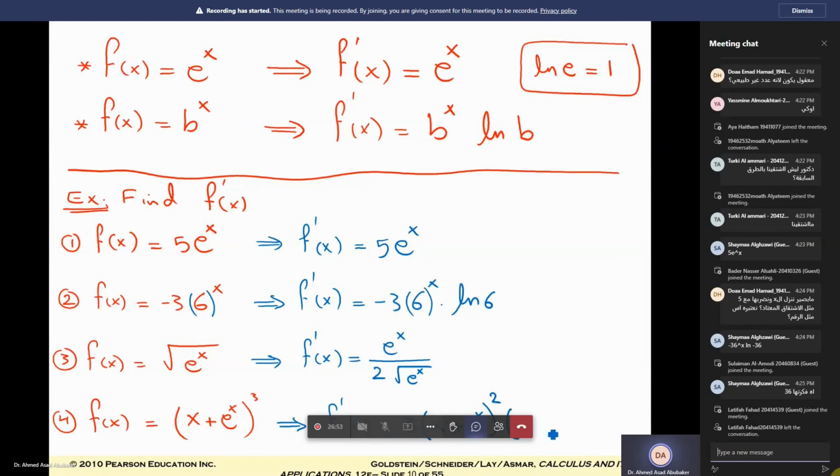We have 1. What is the derivative of e to the power x? e to the power x.